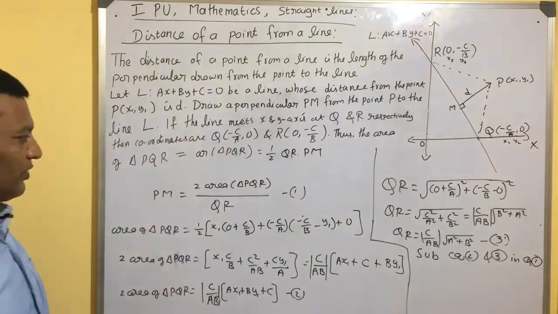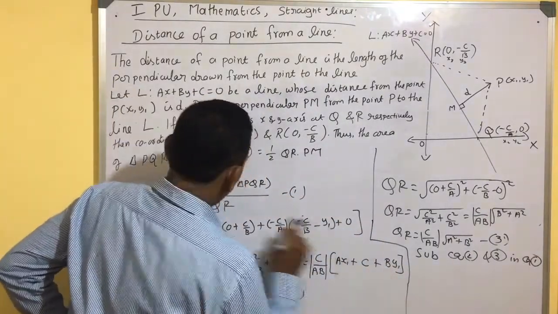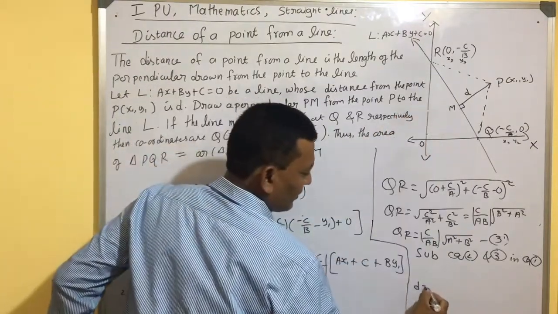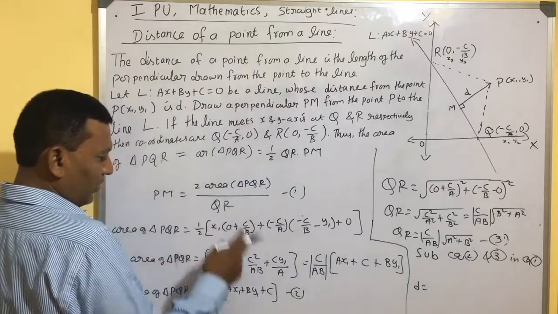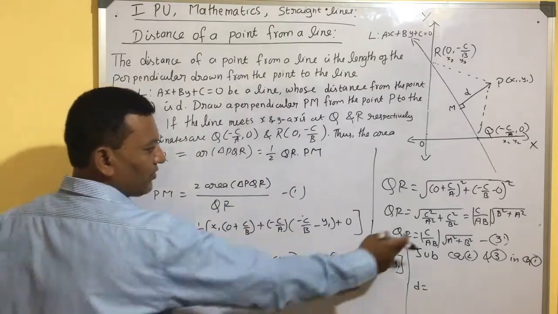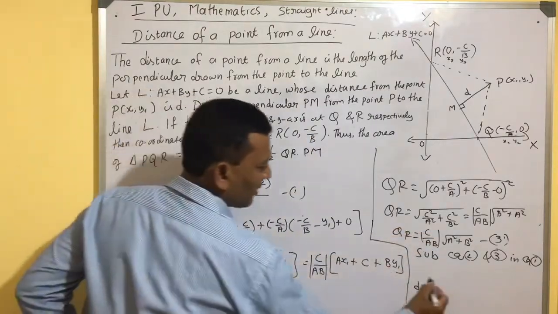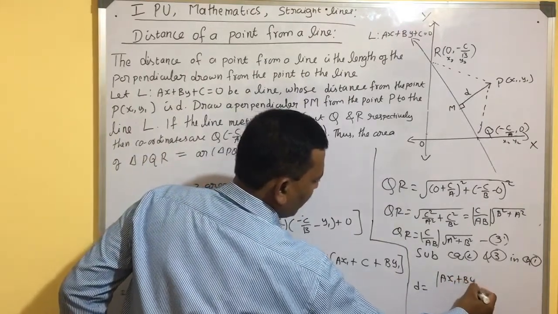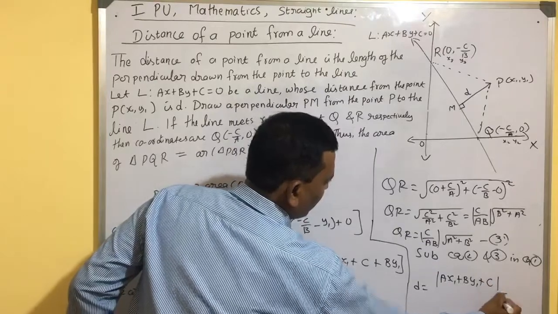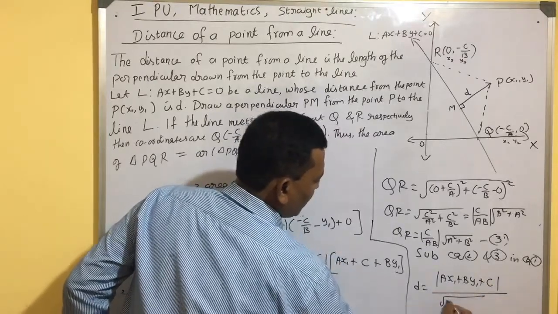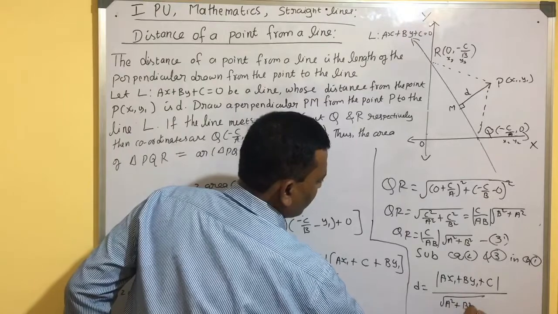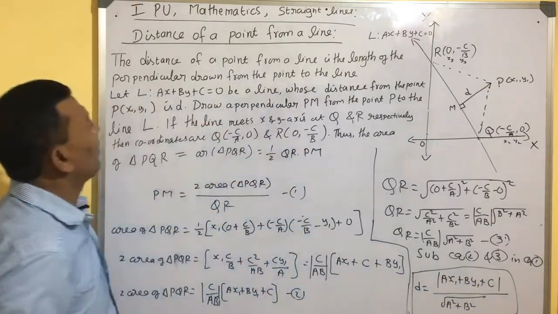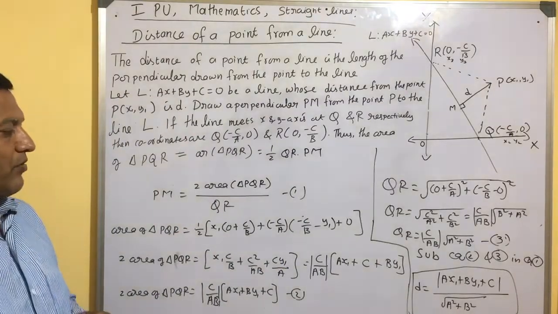So if we substitute here, we get clearly PM is nothing but d. Therefore d is equal to, see here 2 times area, we get c by ab, here also we have c by ab, both will get cancelled, so we will get modulus of ax1 plus by1 plus c divided by square root of a square plus b square. This is the derivation to find the distance of a point from a line.